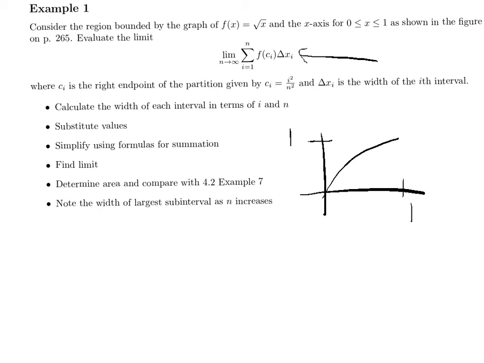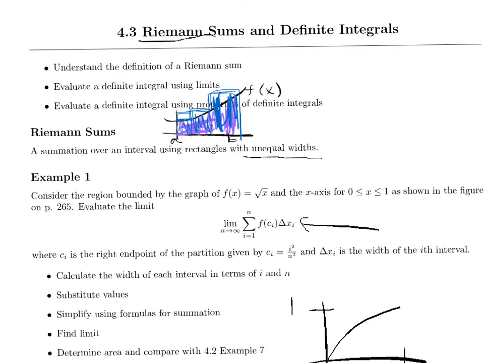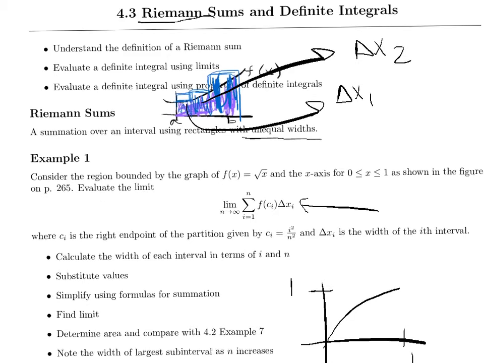Now that we're dealing with Riemann sums, the widths are not necessarily the same. That means that instead of just having one delta x, we need a delta x for every rectangle. So we notate that with delta x sub i. Looking back at our example, this one's width would be delta x1, the next one would be delta x2, and so on.